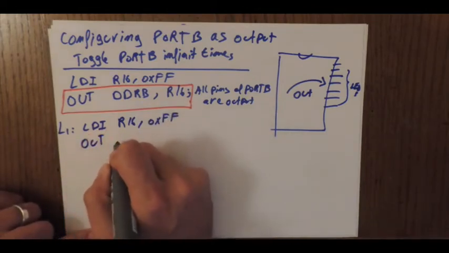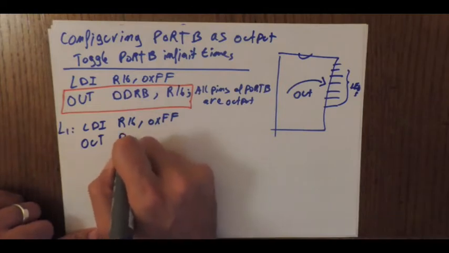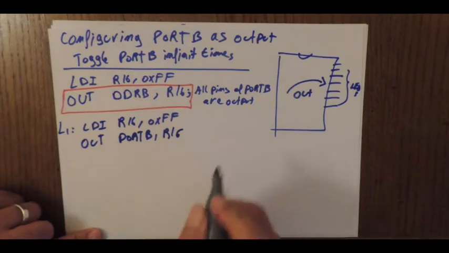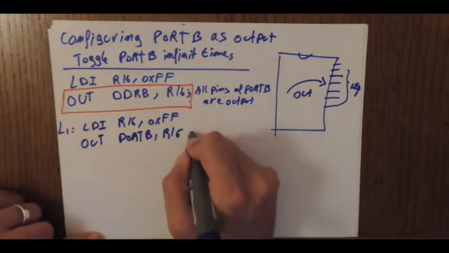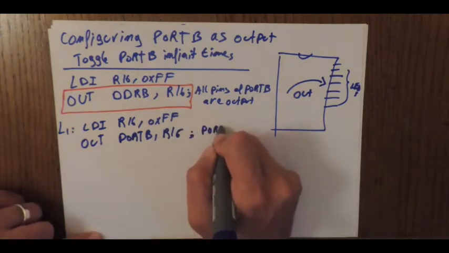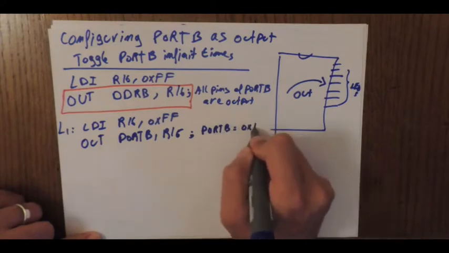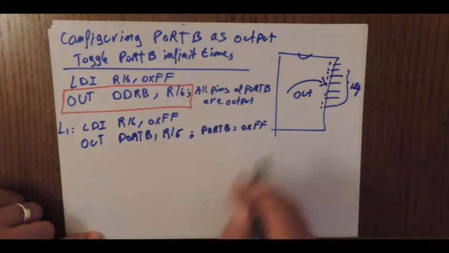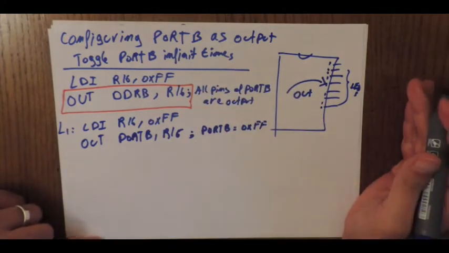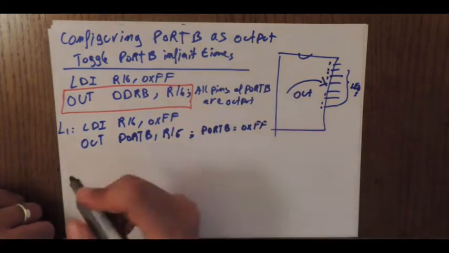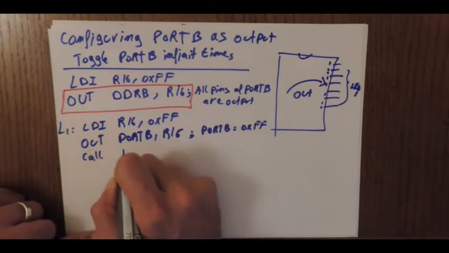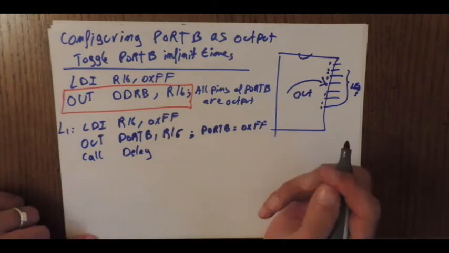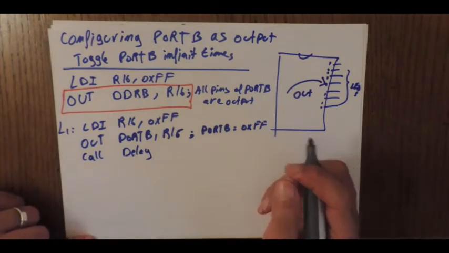Now placing over port B. So in this case, what I'm doing is saying port B will be equal 0xFF. This means all here will be ones. So all the LEDs will be turned on. Now, let's say I have a function called delay, just so I can see the difference with the LEDs being switched on and off.